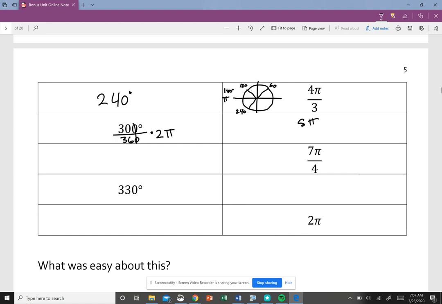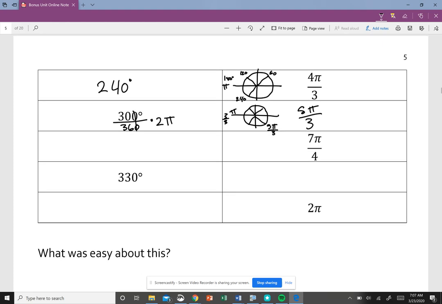So this would be 5 pi thirds. Now I have a harder time imagining where 300 over 360 would be, but I have an easier time imagining 5 pi thirds. So if I look at this, here's 3/3, this is 4/3, here's 5/3. Because each of these is 1/3 of pi, and that's where pi is.